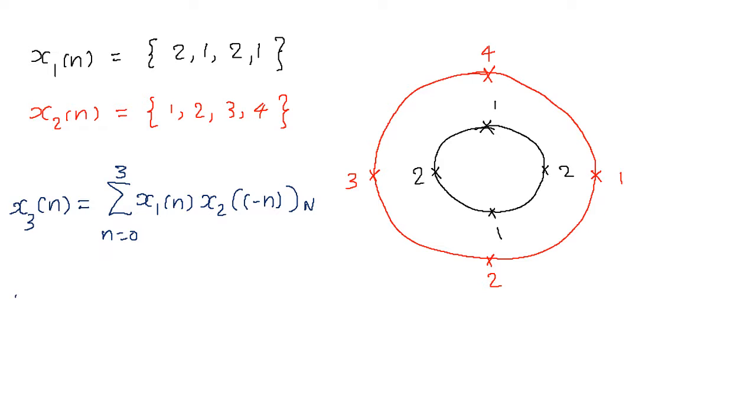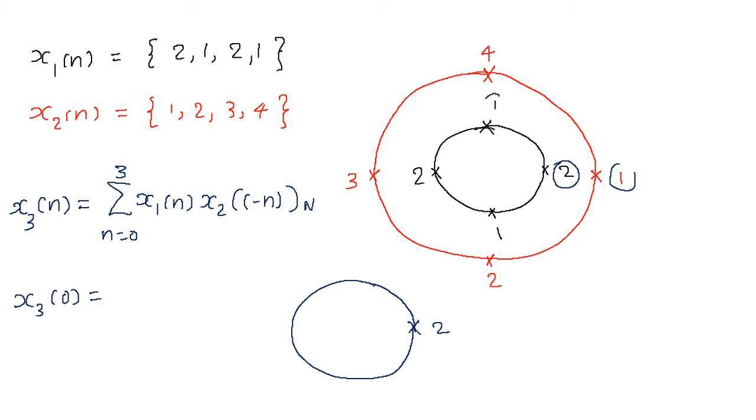So x3 of 0 is obtained like this. To get x3 of 0, we must have the product sequence first. We draw it just below. Here we multiply 2 and 1, giving the first value as 2.